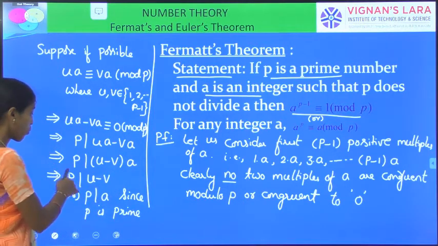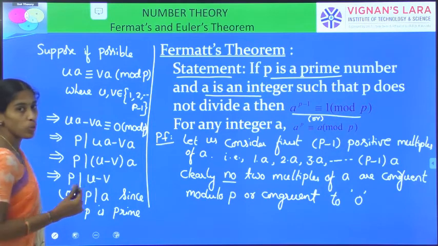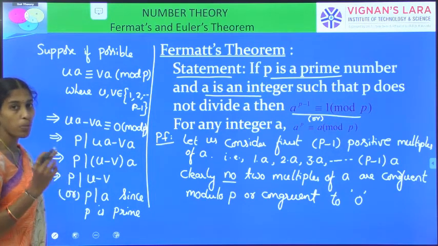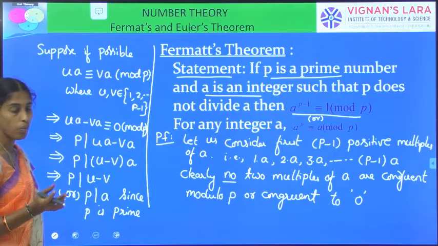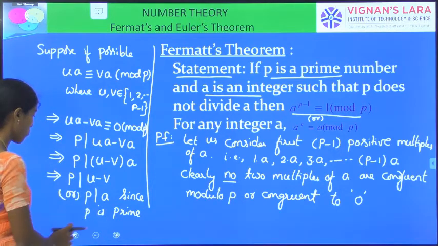P divides the product of two numbers, so P must divide one of them.